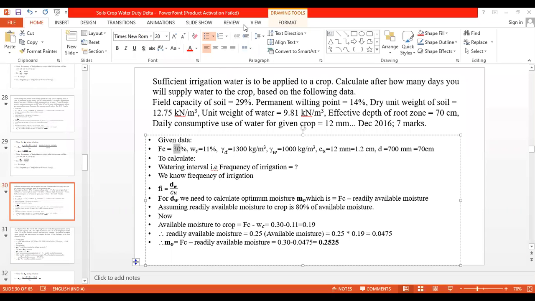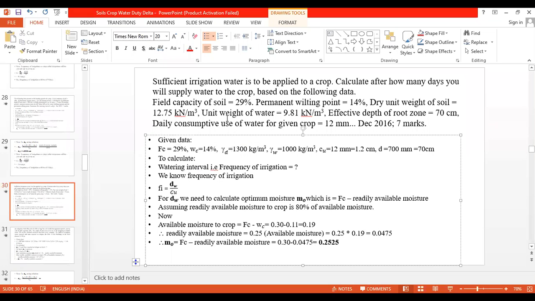Okay, so now we'll go for the solving. Just check it. Field capacity of soil is 29%. Then wilting coefficient, how much they had given us? Wilting coefficient is 14%, that is 1.4 we can say.